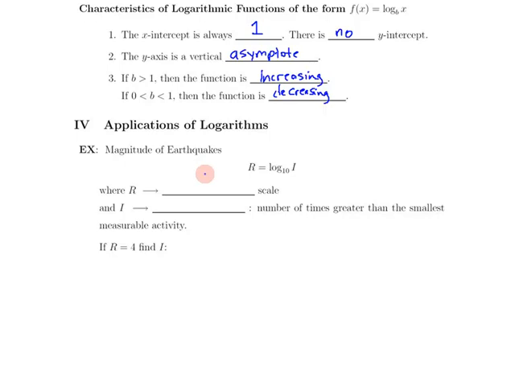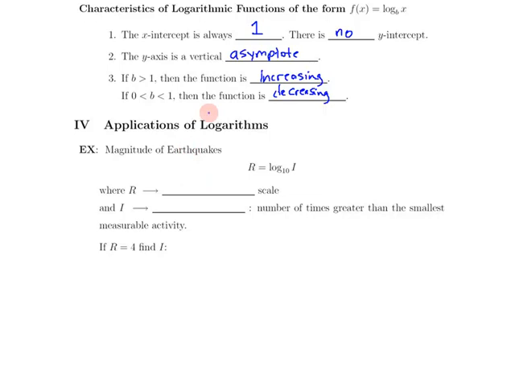Like we've seen fairly often in this course, a type of application that might be given for these new types of functions would just be a problem where a known formula is provided. It's interesting that there are some real-life physical examples of logarithmic functions that we're fairly familiar with. We just didn't know they were logarithms. One of those is the Richter scale.